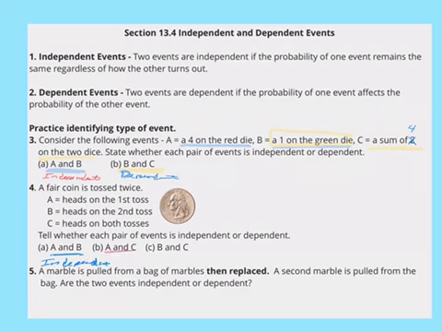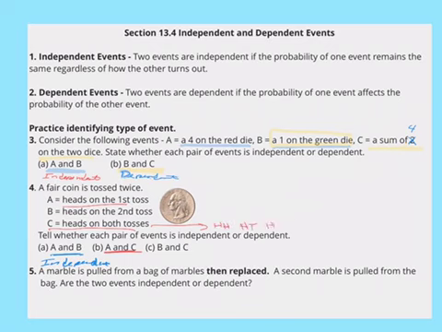Now let's take a look at A and C. A says I have heads on the first toss, and C says heads on both tosses. So if I have a heads on the first toss, I'm putting it together. When I do heads on both tosses, I'm going to be really looking at both tosses together.